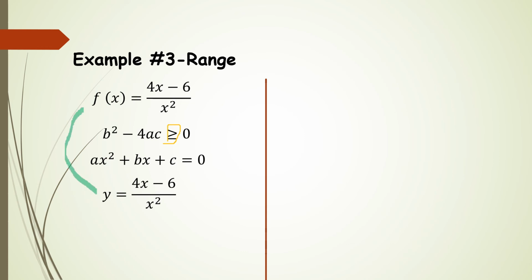change lang natin ang f of x into y and multiply both sides by x squared, or the denominator of 4x minus 6 all over x squared. So, cancel yung x squared. Not this one, sorry.